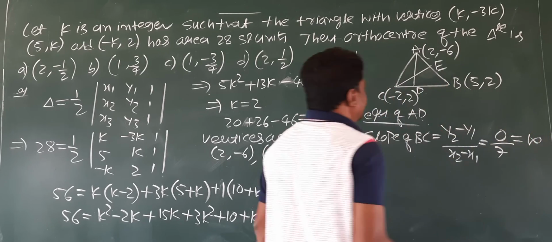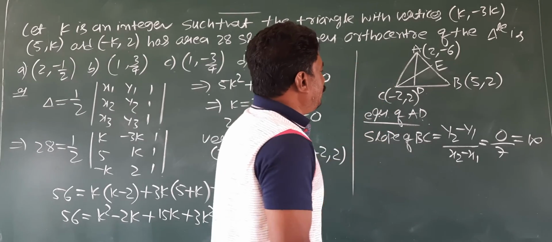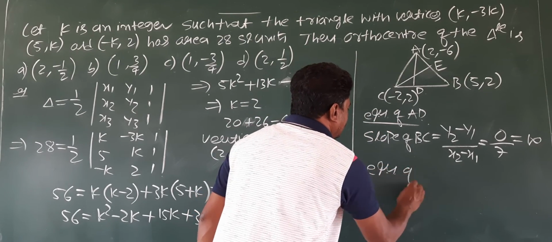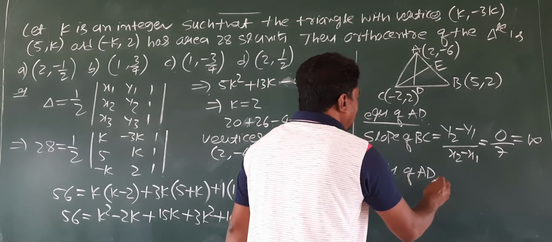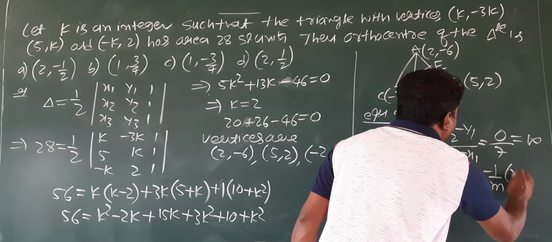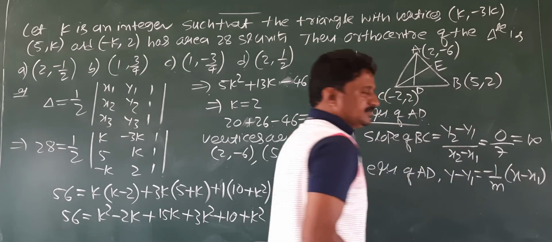It is 0. Now the equation of AD: y minus y1 is equal to minus 1 by m into x minus x1.